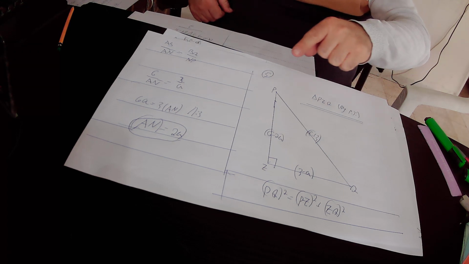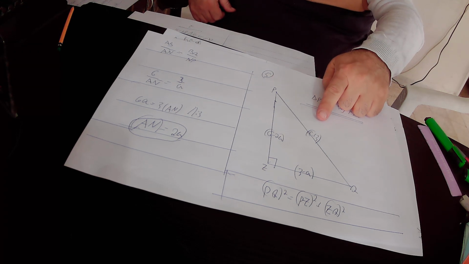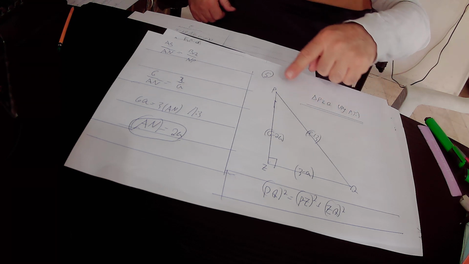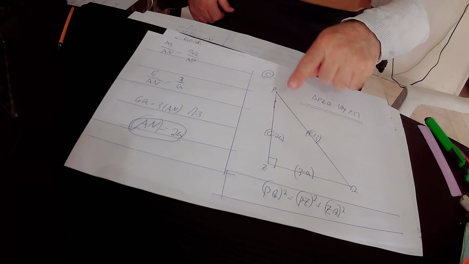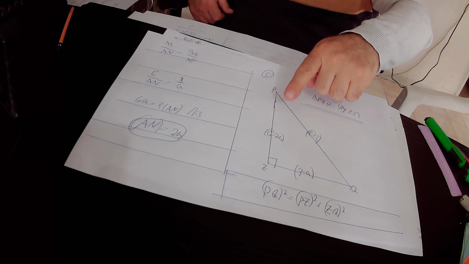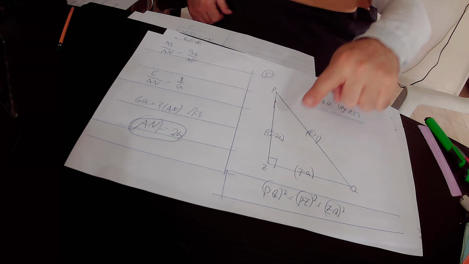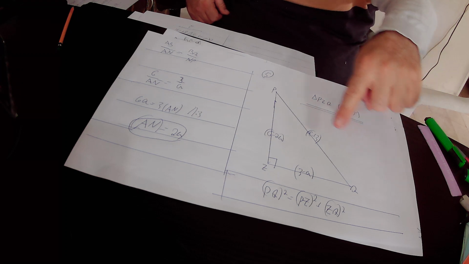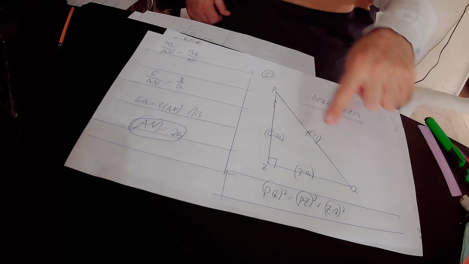PQ is A plus 3, therefore PQ square is (A plus 3) square. PZ is 6 minus 2A, therefore PZ square is (6 minus 2A) square. ZQ is 3 minus A, therefore ZQ square is (3 minus A) square.